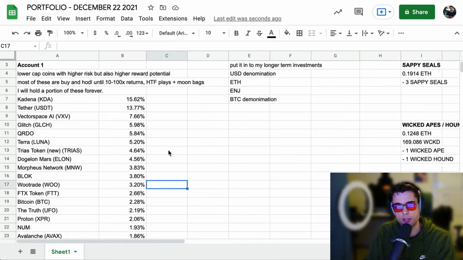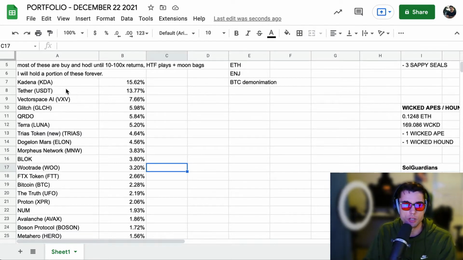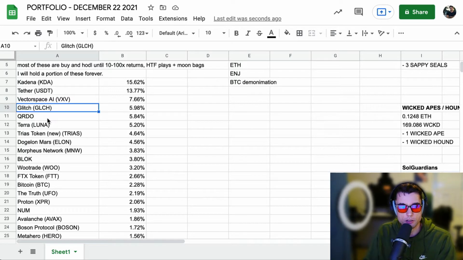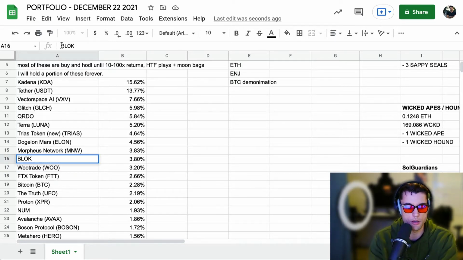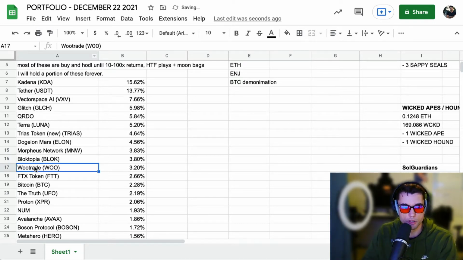And this is actually a significantly big account. KDA is the biggest holding by far, then VXV, Glitch, QRDO, Luna, Triads, Elon, MNW, which is Blocktopia. I don't know why. Blocktopia, aka Block. A lot of these things I got in super early, and I'm just waiting. I wasn't in pre-sale or anything, and I wasn't even in literally the first week.